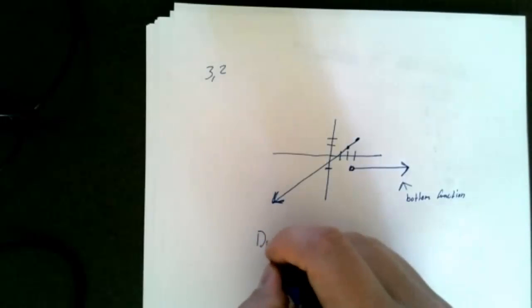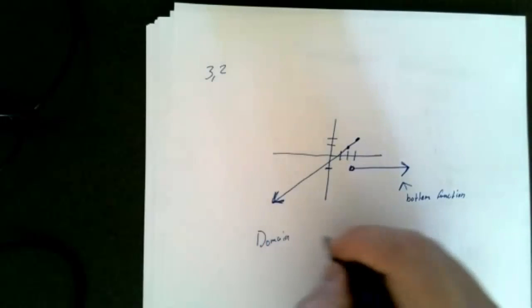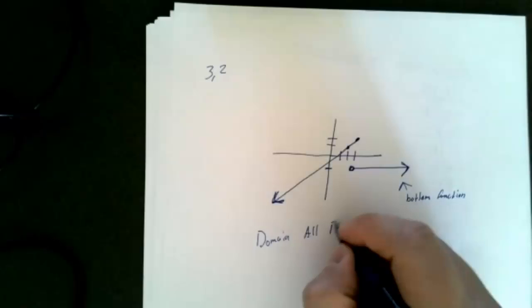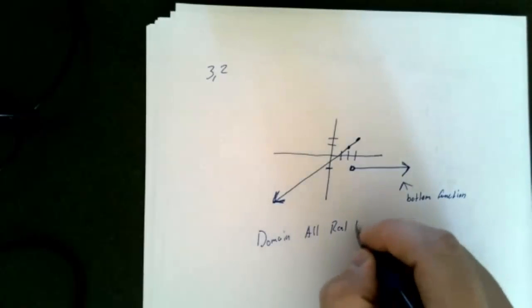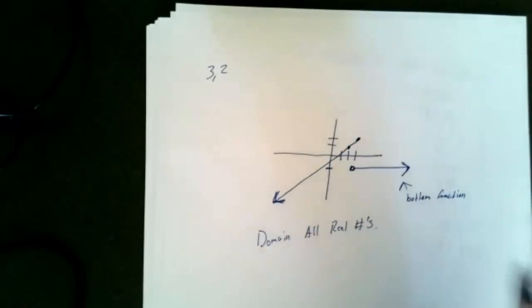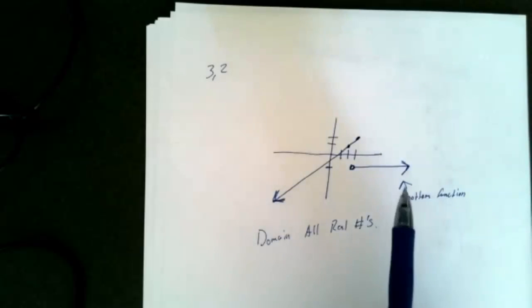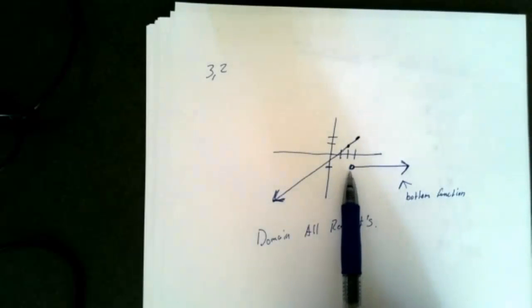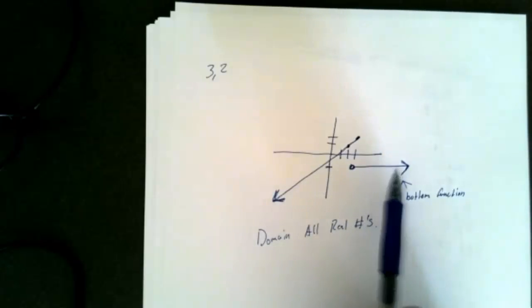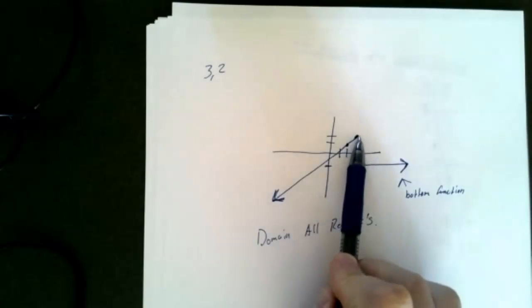The domain is still all real numbers, even with the jump, and that's because I have an open circle on 3 for the greater than, or the bottom function, and I have a closed circle. So since I have the closed circle, it's encompassed 3 into that domain.